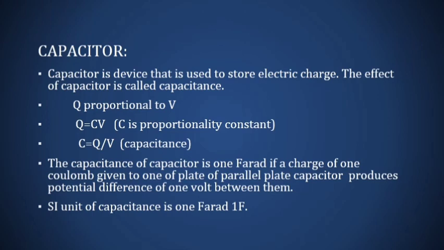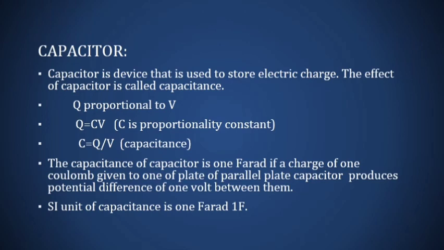The charge Q is proportional to V, the potential difference, so Q is equal to CV, where C is the proportionality constant. Here we get C equal to Q over V, which is the capacitance.